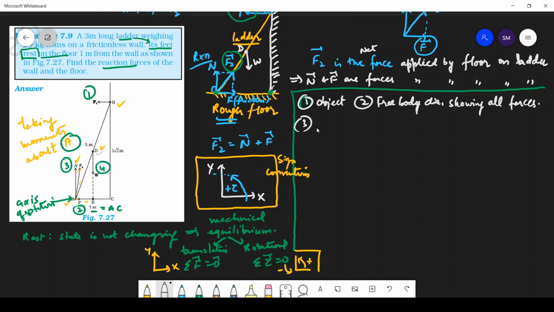Then the third thing you are going to do is choose a convenient set of x-axis and y-axis and resolve the forces into those components.